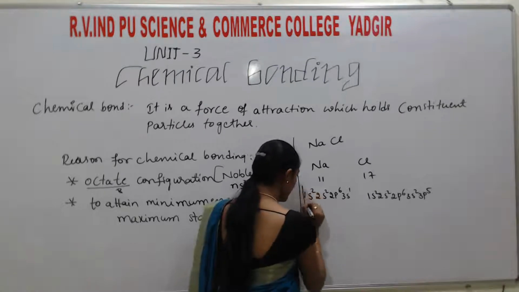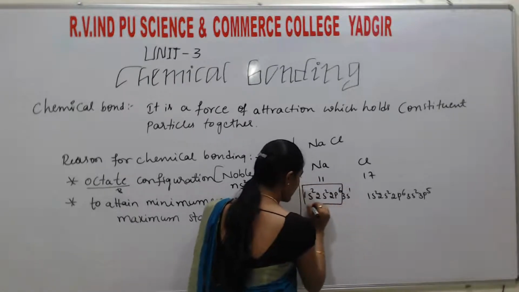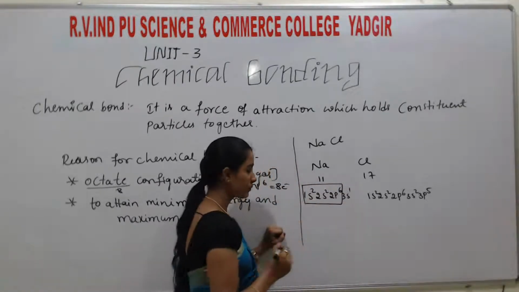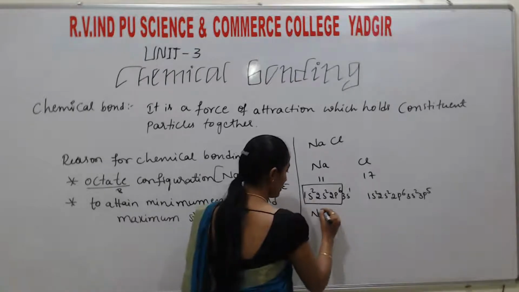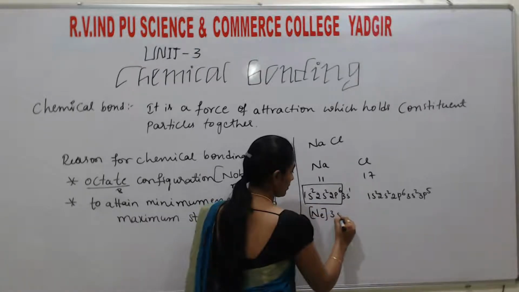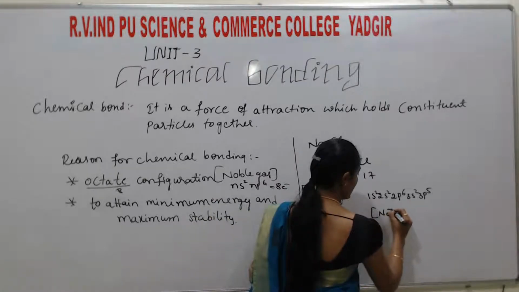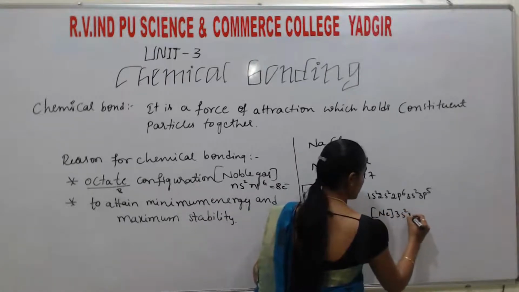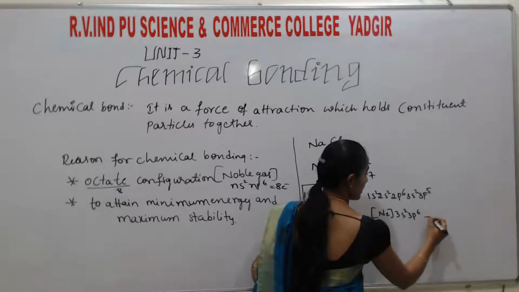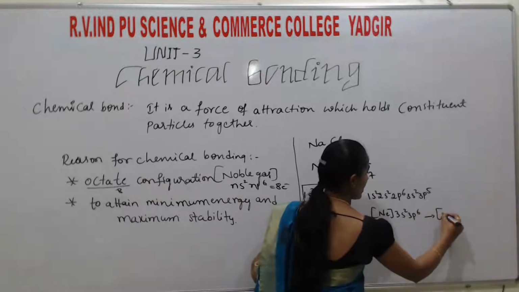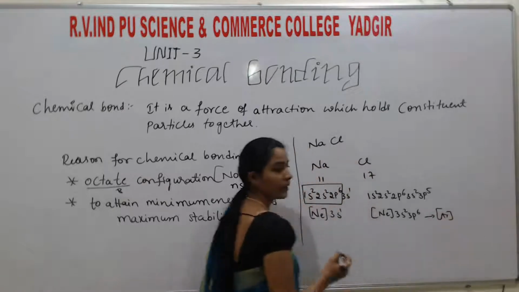So here, this is the noble gas configuration of what? Neon. Neon is 2s2, 2p6, and the next successive noble gas is argon with atomic number 18, 3s2, 3p6.